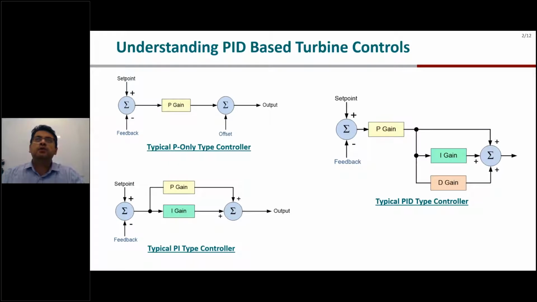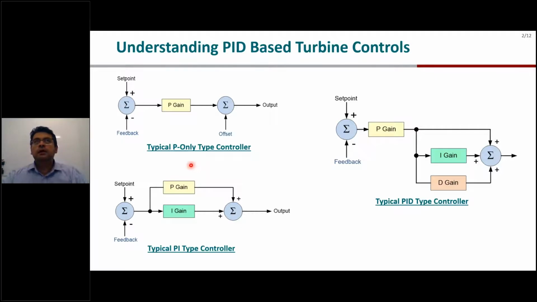So conventionally speaking, usually as a user, you have 3 types of PID parameters that you are controlling: the proportional, the integral, and the derivative. If you use only the proportional, what you will gain is that you will reach your target, but with a steady state error. So basically, if your target is to reach an RPM of 3,600, you will reach 3,400 with a steady state error.